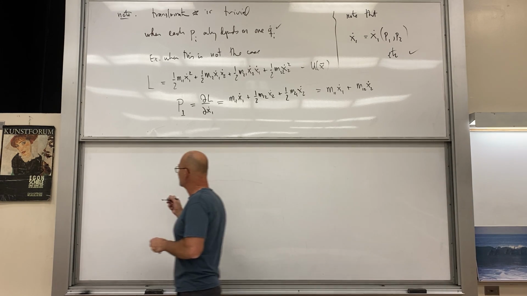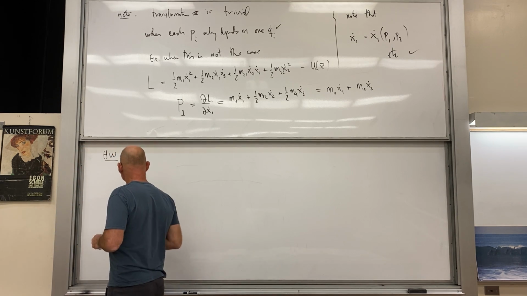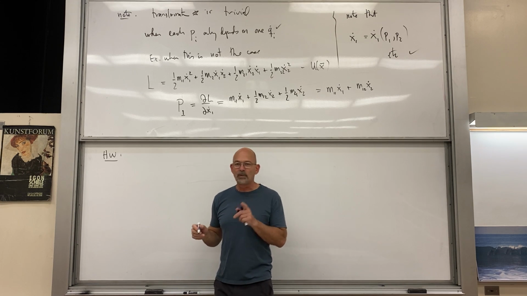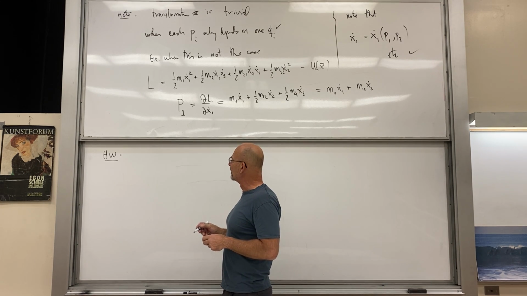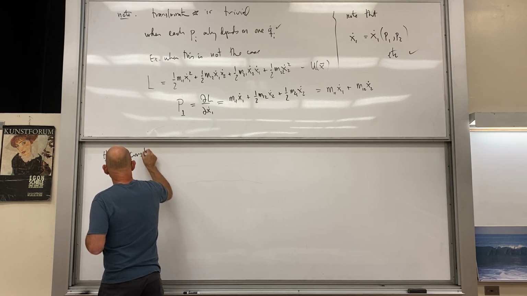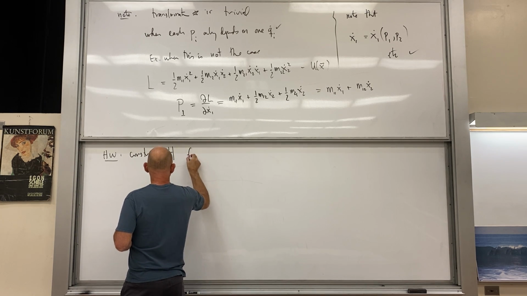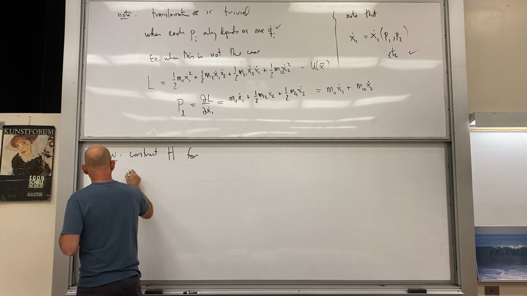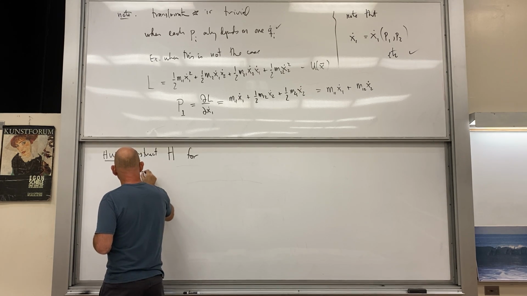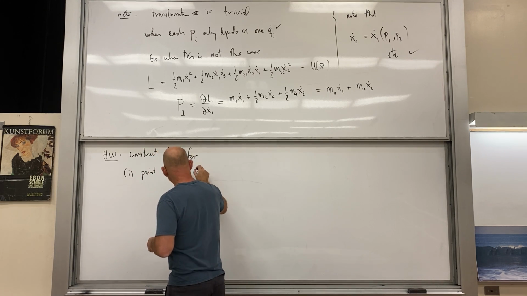So, homework. We already had the Hamiltonian for the central force problem. And we're going to return to that, by the way, but let's just say construct the Hamiltonian for a point mass in Cartesian coordinates.